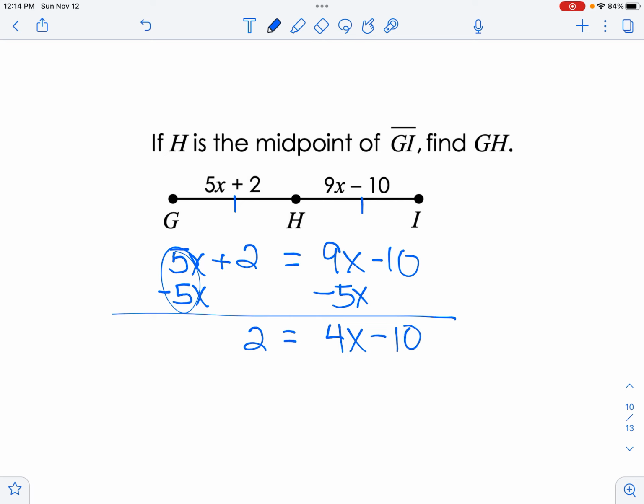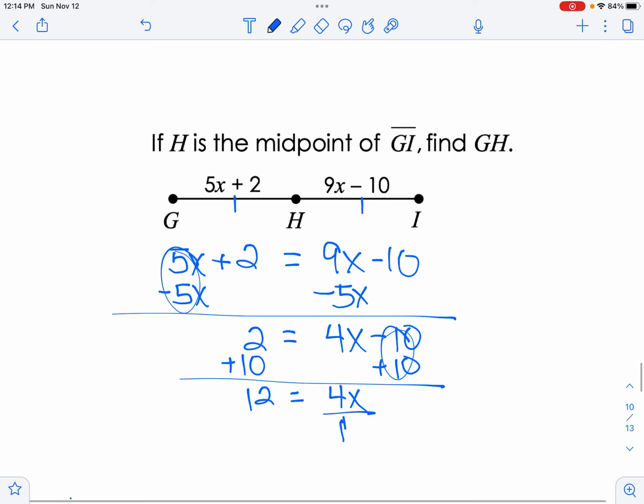Okay, and then I want to solve for x, so I'm going to add 10. Add 10. 12 equals 4x. Okay, divide by 4. Whoops, not 3. Divide by 4. I was getting ahead of myself. Divide by 4. We get 3 equals x.